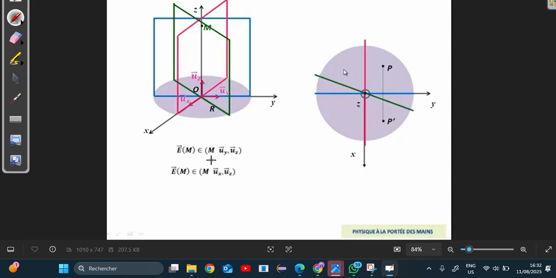Then we'll have plenty of them. But you just do the intersection to find the direction. This is the case for a disk, because a plan infini is equivalent to a disk with radius equal to infinity.